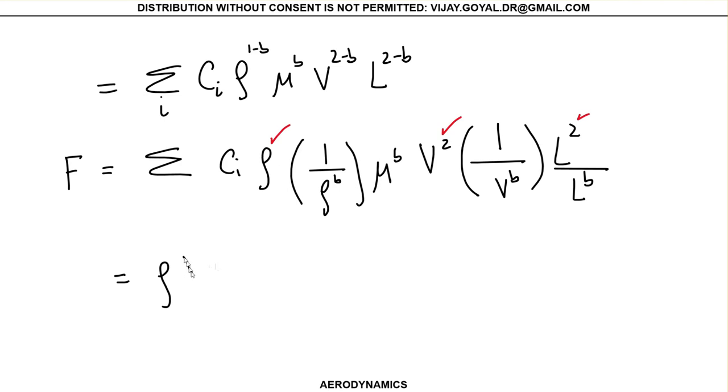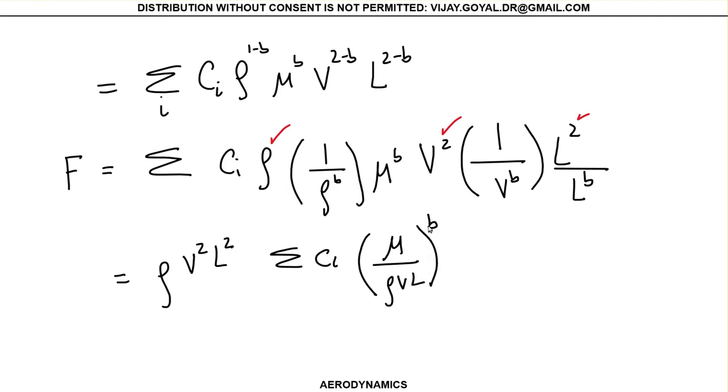So now this becomes L squared times rho V squared times L squared, and the summation of Ci times (rho V L over mu) to the bth power. And if you recognize that, this term right here is nothing else than the Reynolds number.